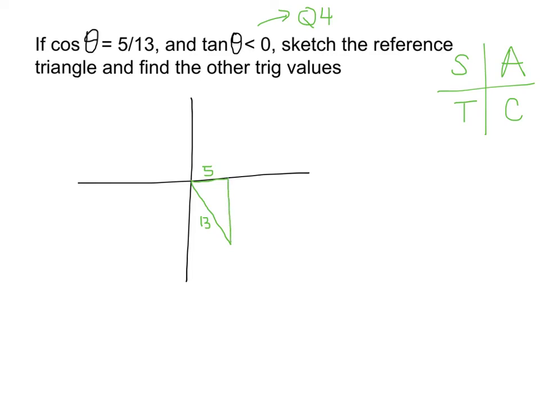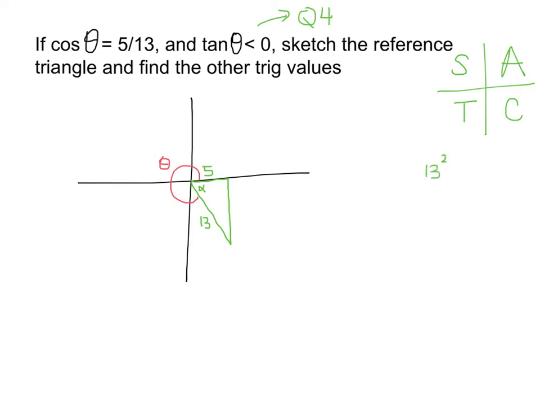Theta actually refers to this angle here, measured from the positive x-axis in the counterclockwise direction. My reference triangle, alpha, has an angle there. And my other side, the longer leg of the triangle, I can find using the Pythagorean theorem, keeping in mind that 13 is the hypotenuse.